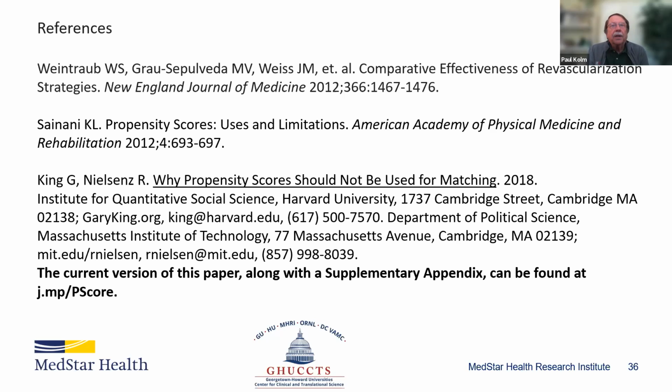The last one says propensity scores should not be used for matching. That, of course, is debatable, and there are those that would argue that that's probably too strong a statement.